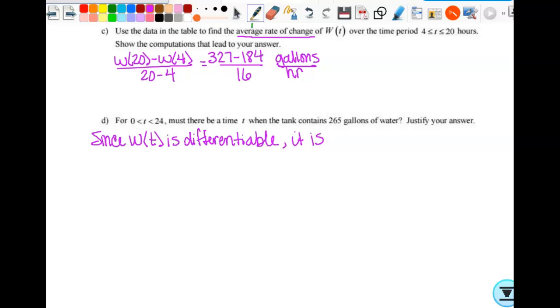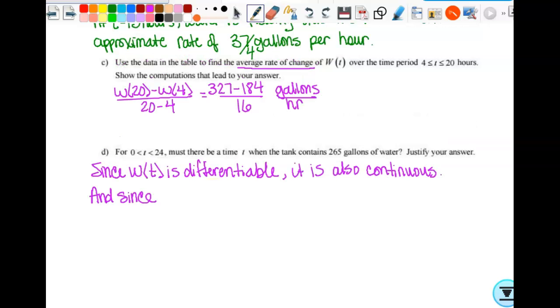It's fine, as long as you know what you're doing. Since W of t is differentiable, it is also continuous. So remember, you have to say it's continuous, and you have to say how you know. Okay, so, since it's differentiable, it's also continuous. And since, all right, it's okay. I'm a math teacher.